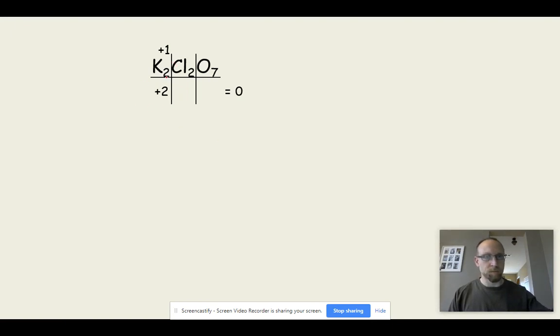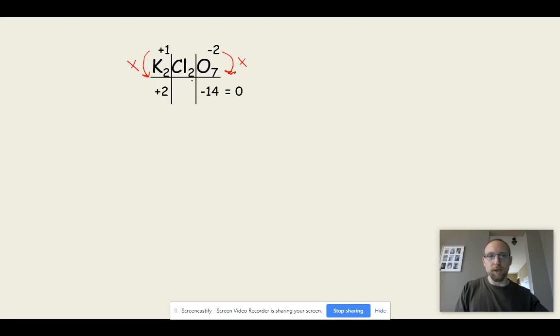So +1 times 2 equals +2. So remember, we're timesing on our way down, right? And oxygen is usually -2, so we're going to use that to help us out. Timesing on our way down. -2 times 7 gives me a total of -14, right?